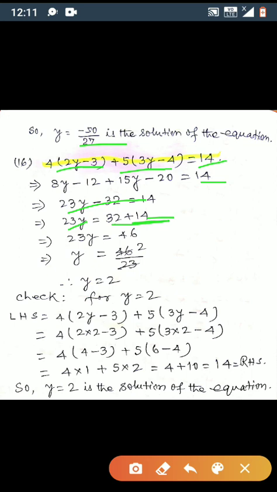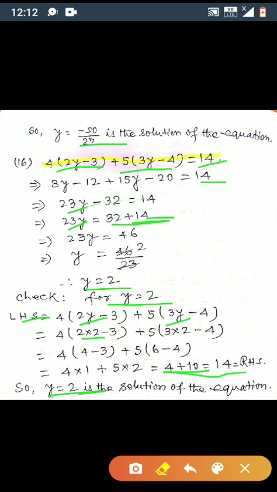Now 8y plus 15y equal to 23y, minus 12 minus 20 equal to minus 32, equal to 14. It can be written as 23y equal to 32 plus 14. Therefore 23y equal to 46. Therefore y equal to 46 by 23. 23 times 2 is 46. Therefore y equal to 2.